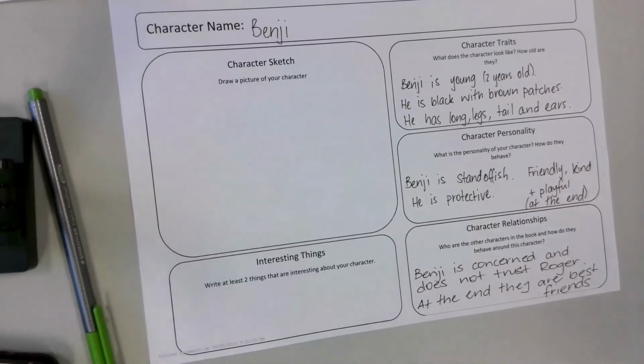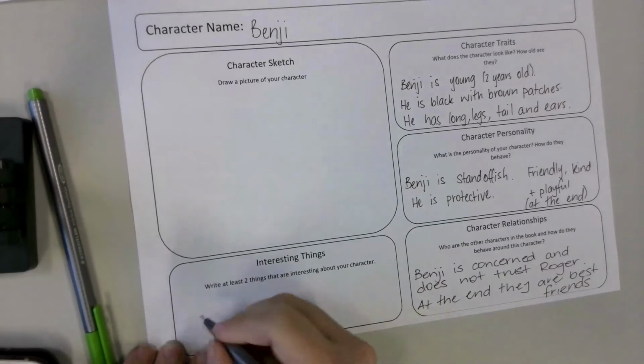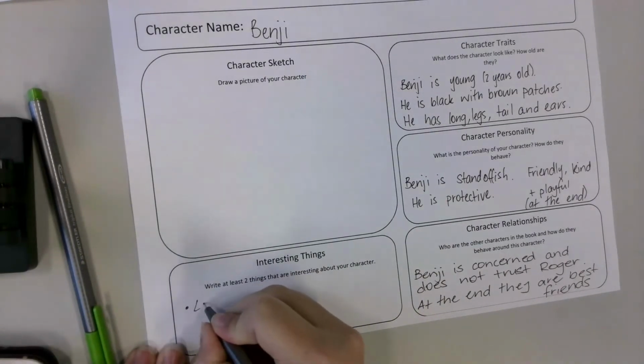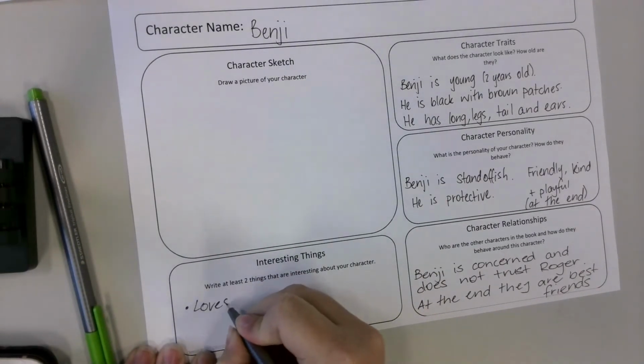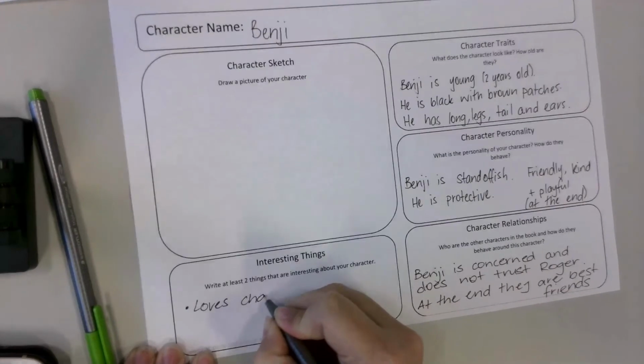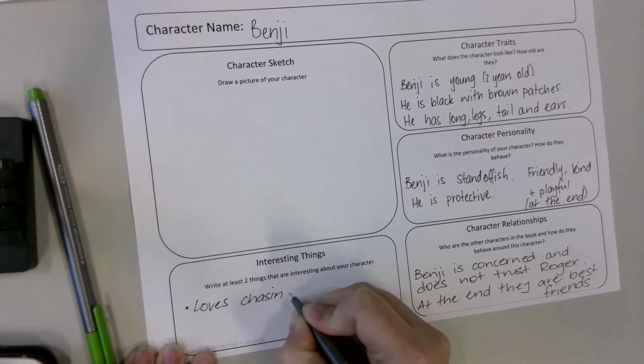Interesting things. Write at least 2 things that are interesting about your character. I'm actually going to look at my planner there because I've written down that I know Benji loves chasing things. So that's going to be my interesting thing.